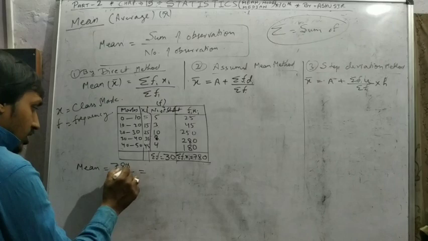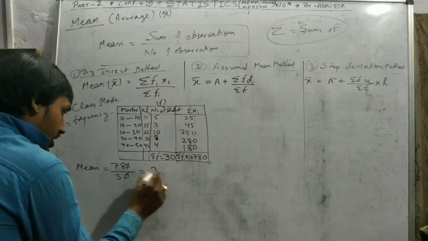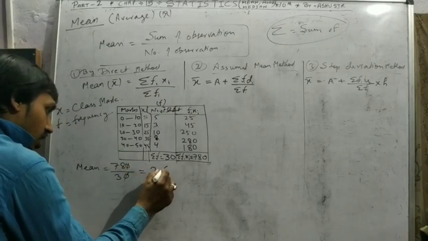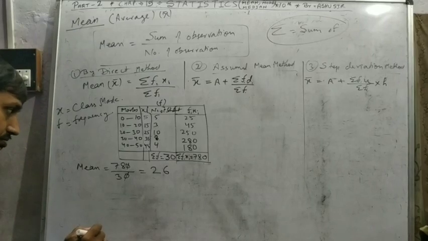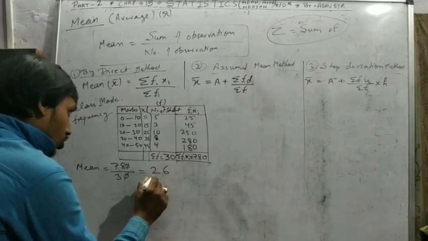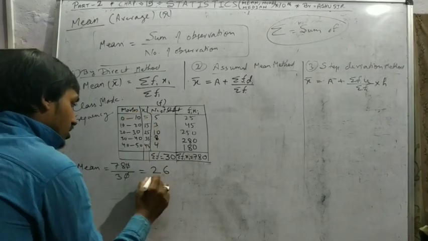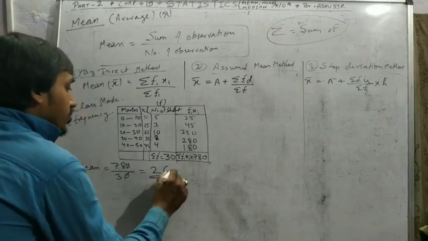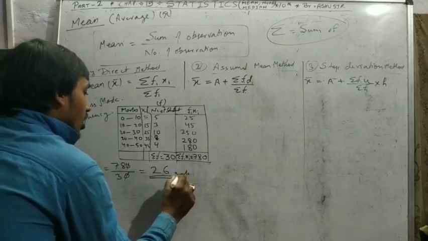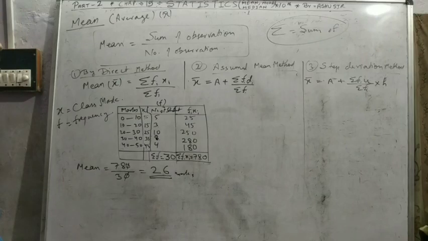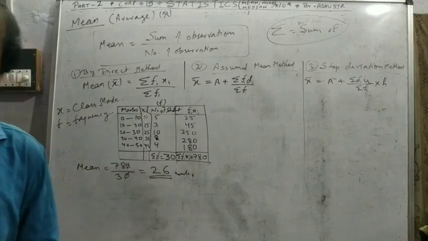We can cancel the zeros, and 3 times 26 is 78. So 26 marks is the mean value for the given data.